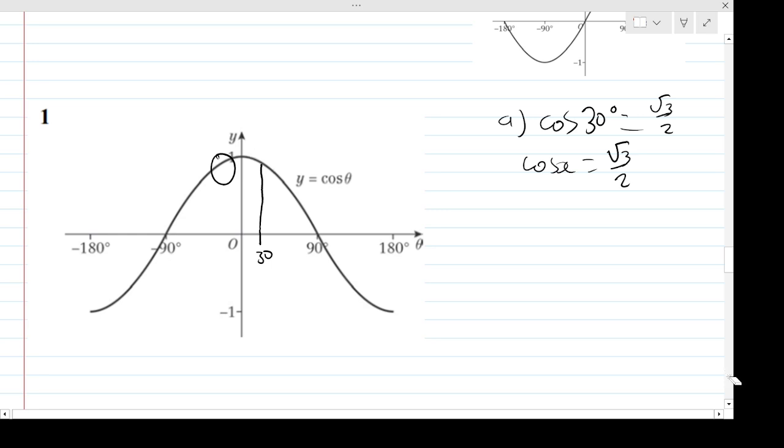Alright, okay. So there we are. Where would that be? Again, we need to pay attention to the symmetry of the graph. Hopefully you notice it is symmetrical in the middle at 0. Right at the top of the hump, it's 0, so the y-axis there, which I've drawn badly.